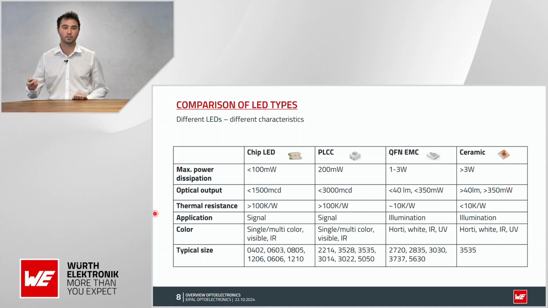For signaling if something is on or not, some indicator LEDs. And I guess most of you will be using just chip LEDs because these LEDs are just everywhere in every application. If you want the LED to be a little bit brighter, you use the PLCC LEDs, which can have a higher optical output. And we have PLCC and chip LEDs in all different colors, like single color, multicolor, in the visible range and also in the infrared.